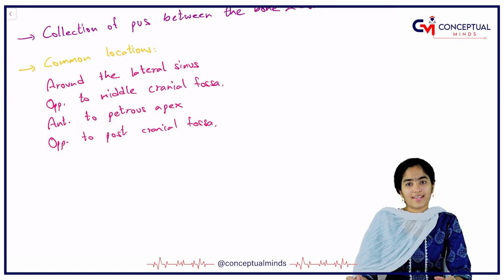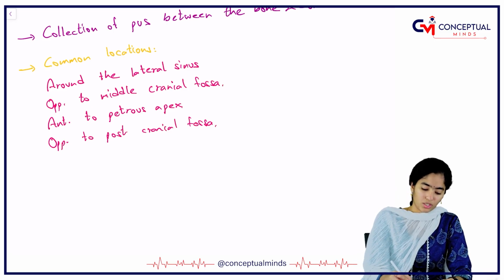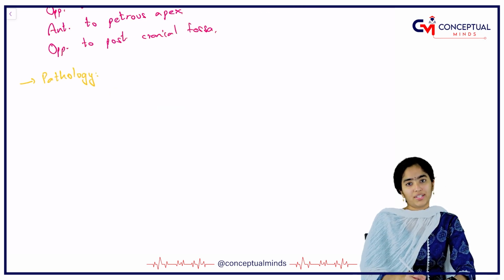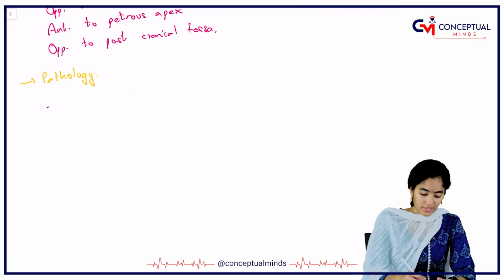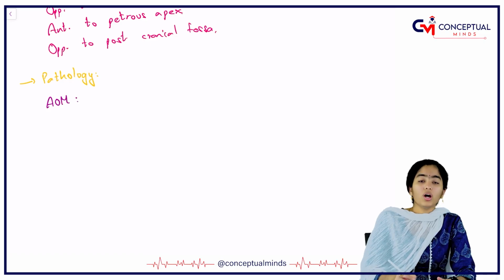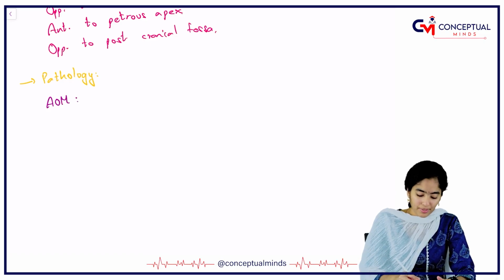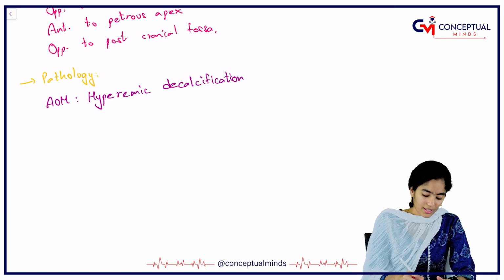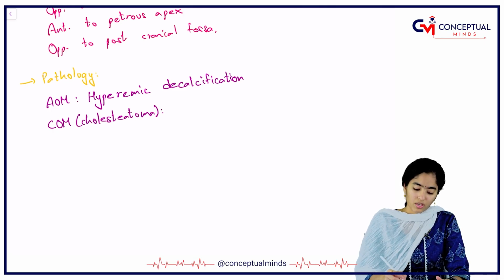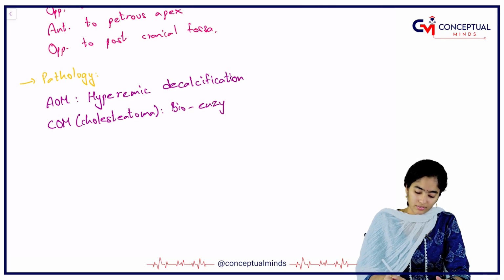Now let us see what exactly is happening, the pathology. If it is an acute otitis media, I have already told you, the bone is destroyed by hyperemic decalcification. And if it is chronic otitis media, especially with cholesteatoma, the bone is destroyed by bioenzymatic activity.